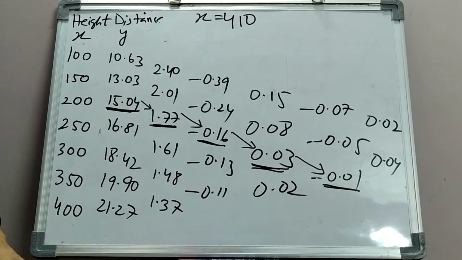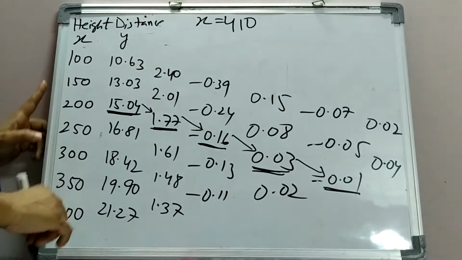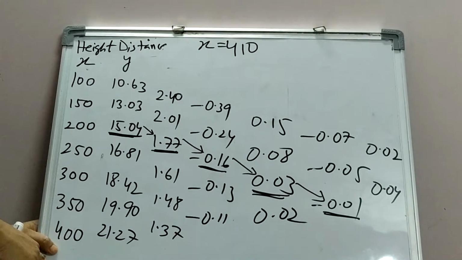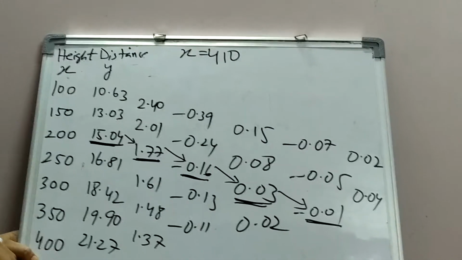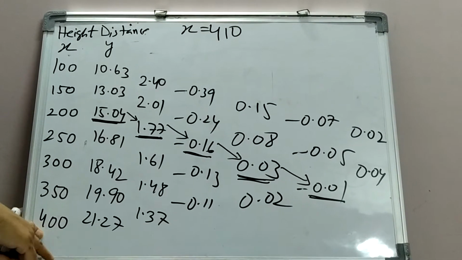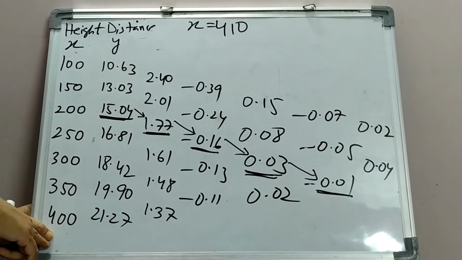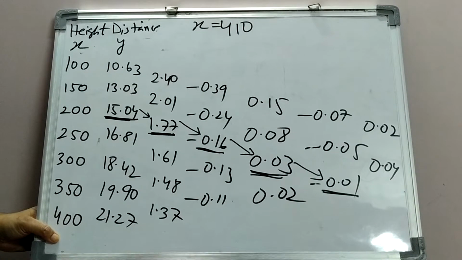Now for this 410 feet, how will we proceed? Since this 410 is lying outside the given range, towards the right of the last value of the table, we have to apply Newton's backward interpolation formula, right?